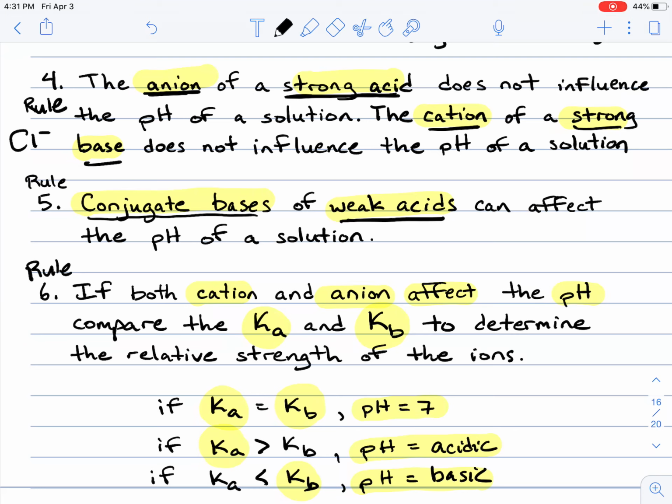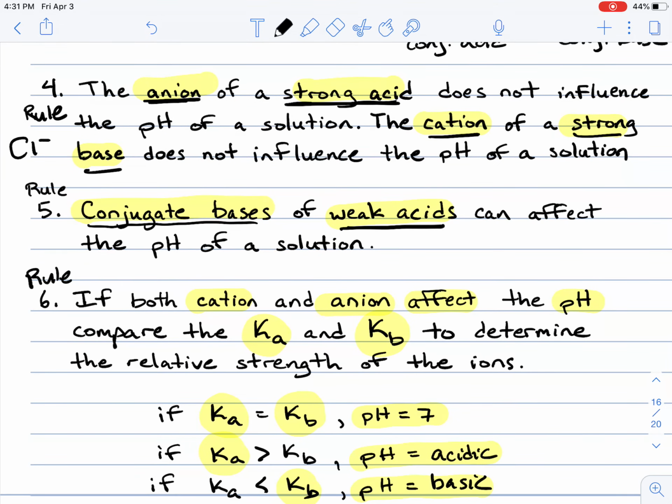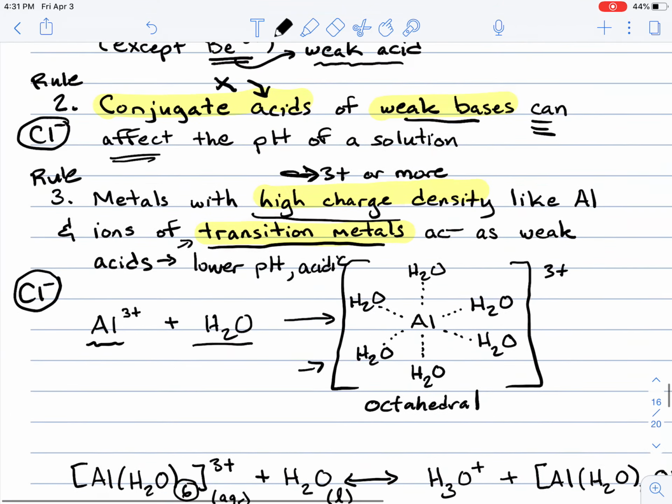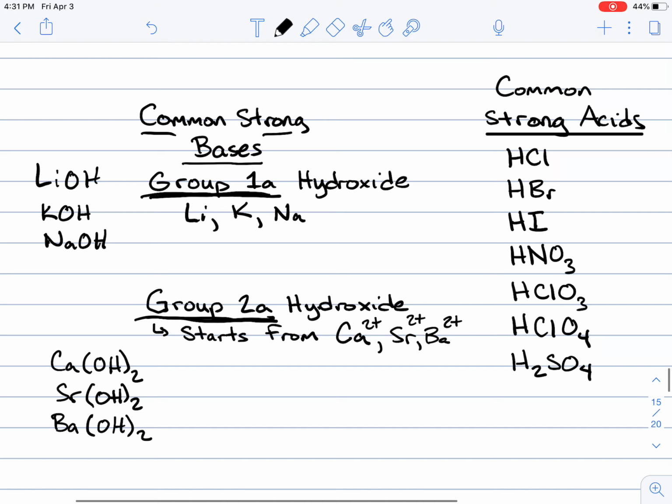Here in this case, is Cl- an anion? The answer is yes. Cl- is an anion. Now, is Cl- found in a strong acid? I'm going to scroll the screen up, and here I have my list of common strong acids, and boom, I see Cl in our first compound.